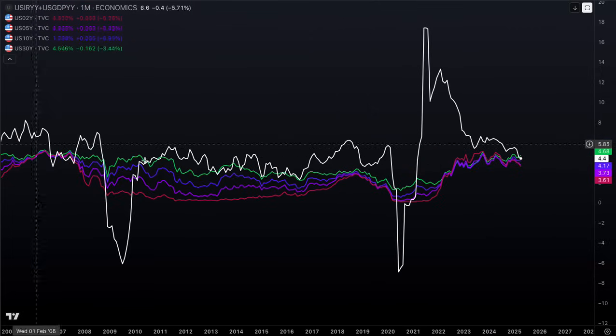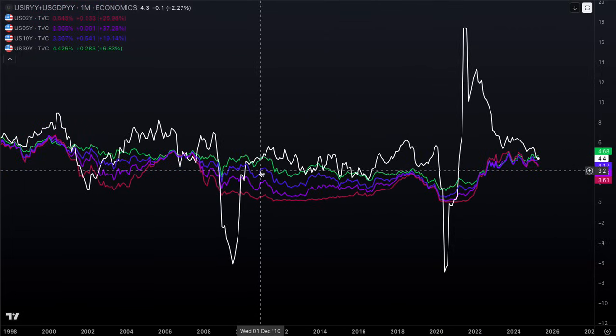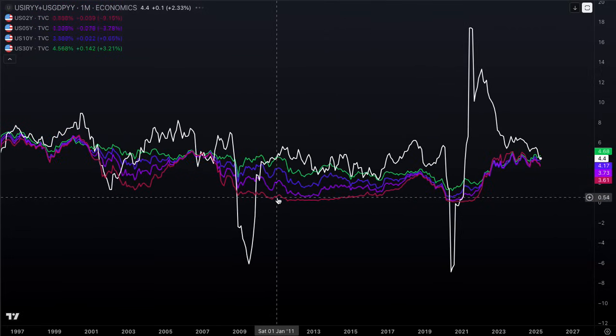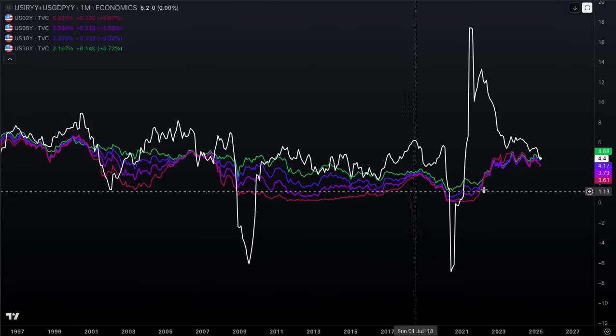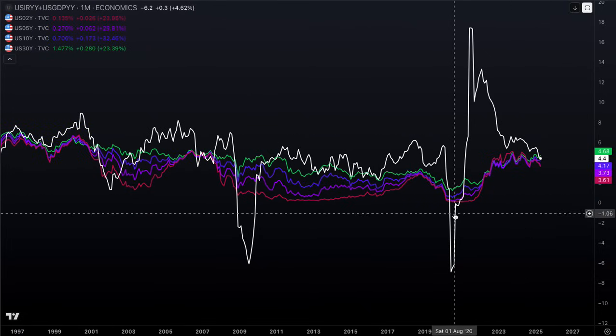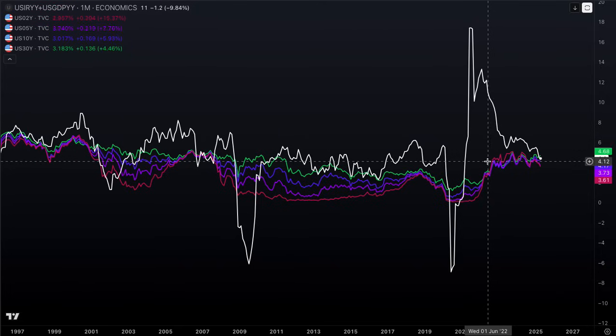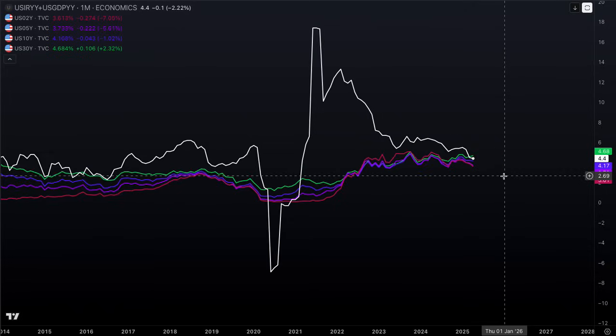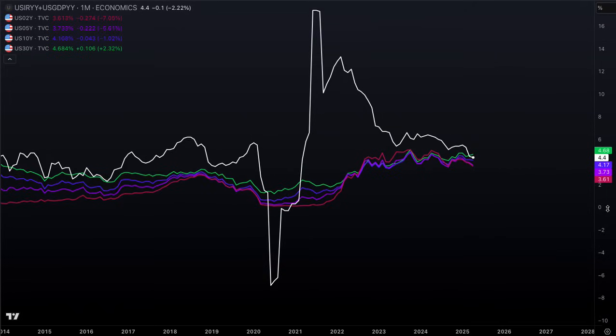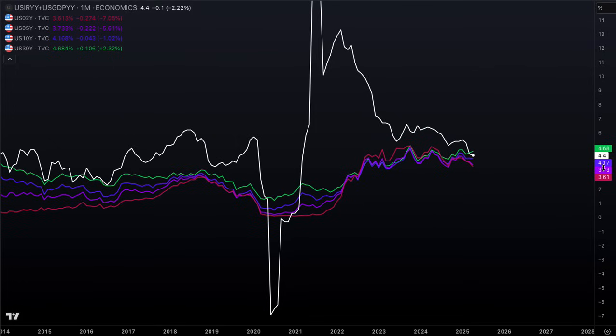Remember, as long as you can keep the white line above the cost of your debt, you are okay in terms of debt. What we've been seeing is a 4 or 5 year trend upward in rates, downward in nominal growth. I'm not saying it's imminent, but this will eventually get to a point where the debt burden starts to really hurt the government.